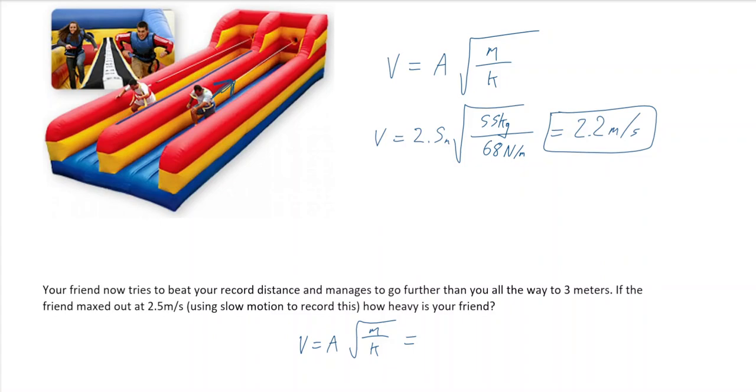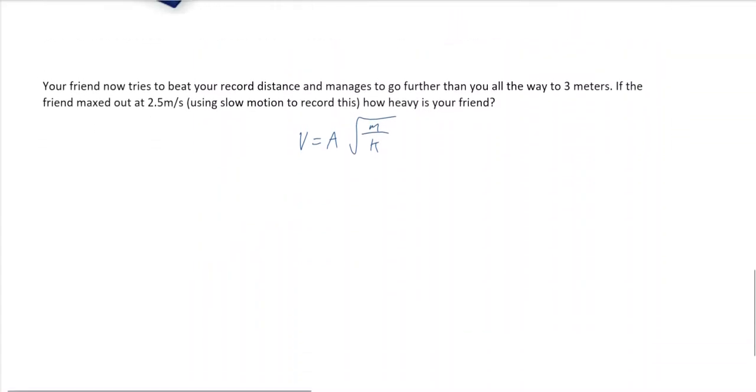We're going to rearrange to solve for your friend's weight. It's going to be v over A equals square root of m over k. Then we square both sides, so v squared over A squared equals m over k. Then we move the k over, so k v squared over A squared equals m.